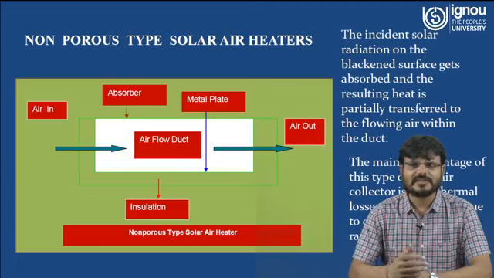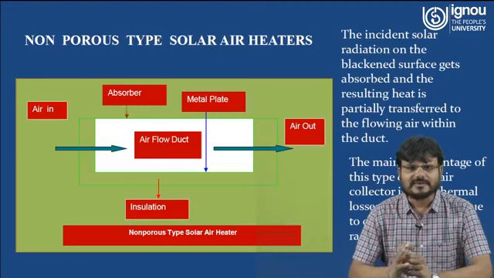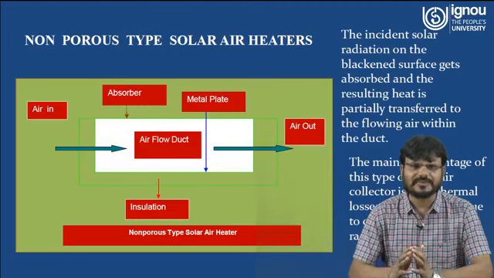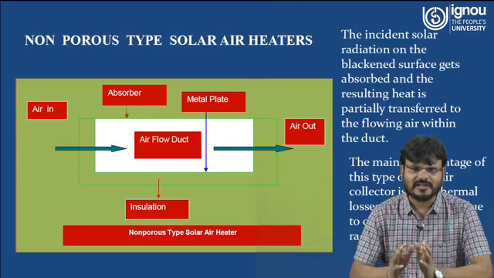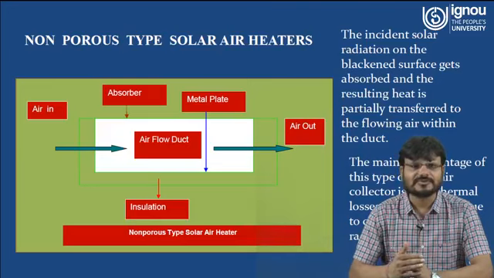But the main disadvantage of this type of solar air collector is high thermal losses to the ambient due to convection and radiation. So you can understand, air is coming inside, so the temperature of this air is the ambient temperature. Suppose we are talking in this particular room, the ambient temperature may be 28 or 29 degrees centigrade.